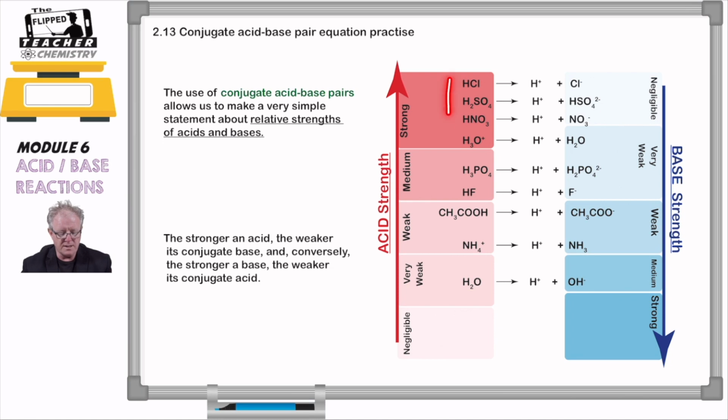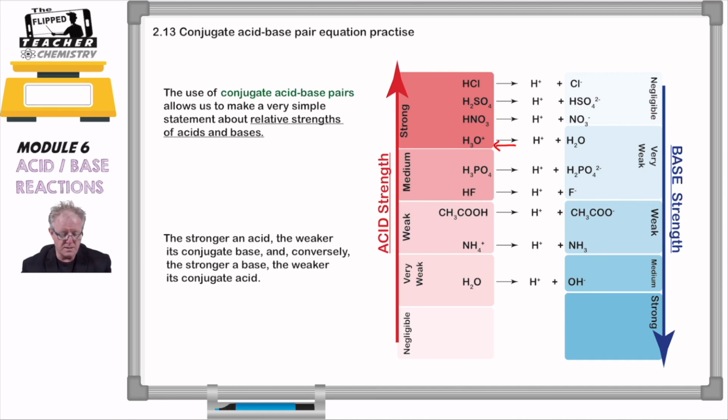When we go down the list, it gets weaker and weaker and weaker. So for example, if we have some hydronium ion here, that's going to dissociate to give you water, but we know that this can go backwards, so we write a reverse arrow there, because that can go backwards to a greater extent compared to hydrochloric acid.